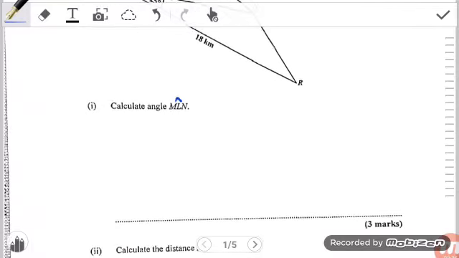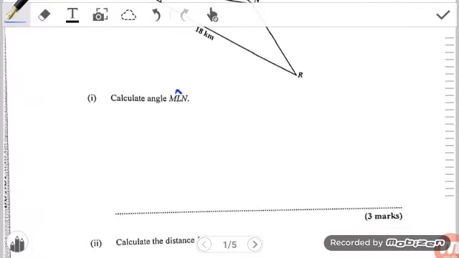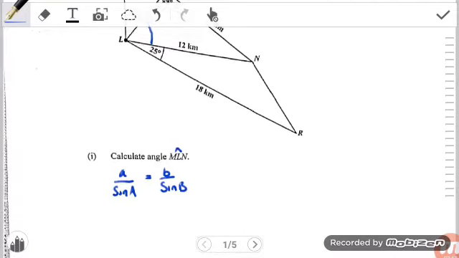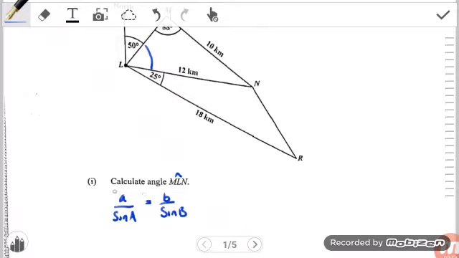The sine rule here is that it is a over the sine of the angle facing a, which is going to be equal to b over the sine of the angle facing b. The small letters represent the lengths of the sides, and the capital letters represent the size of the angles facing these sides.